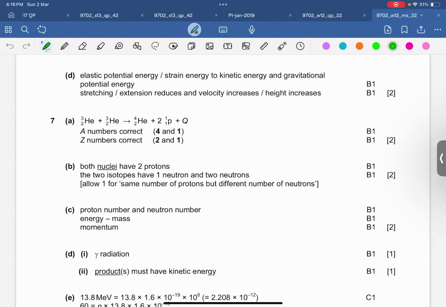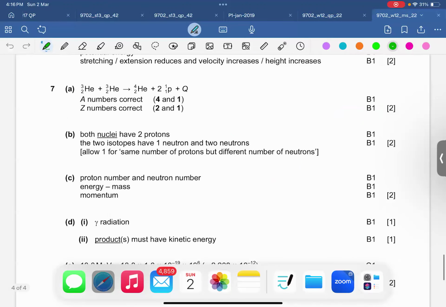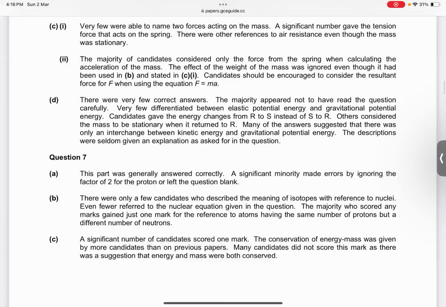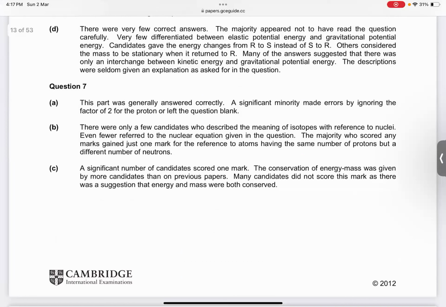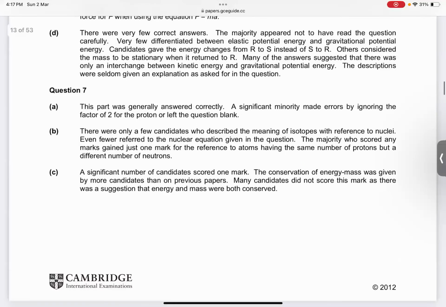Let's also check the examiner report. It says there were only a few candidates who described the meaning of the isotope with reference to the nuclei. So you have to mention the nuclei term, or nucleus.